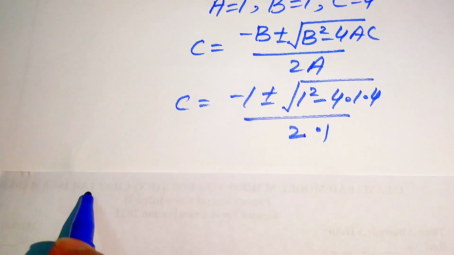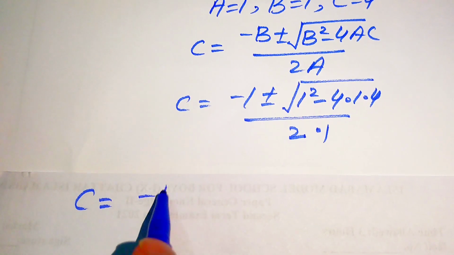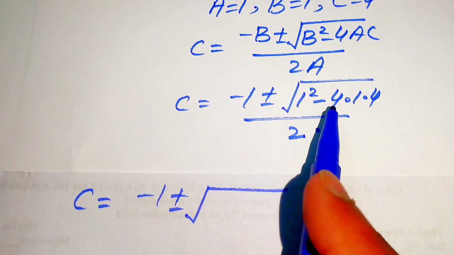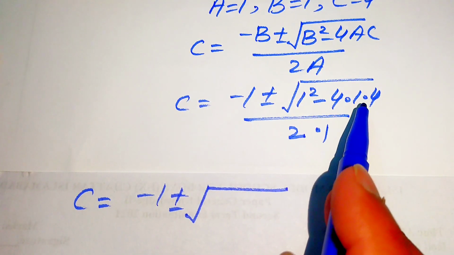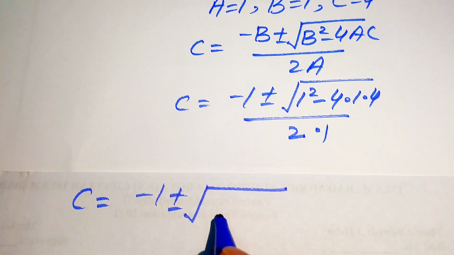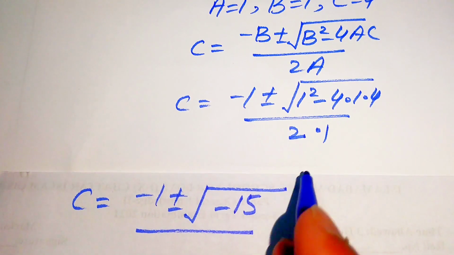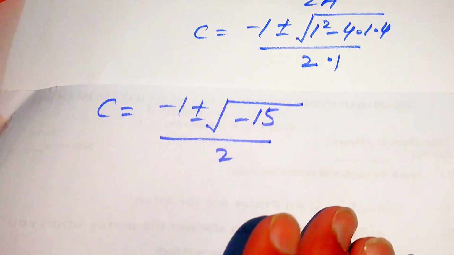And now in the next step, we have c is equal to minus 1 plus minus square root of 1 square equals 1, and 4 times 4 becomes 16. So 1 minus 16 equals minus 15, and it is divided by 2 times 1 equals 2.